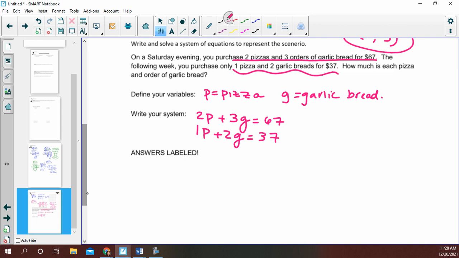All right, you can use substitution or elimination. If you wanted to use substitution, you would subtract 2G over. That'd probably be the easiest one. I'm going to use elimination. So pause the video and actually try your elimination for this one. Okay, I'm going to multiply. I'm going to get my pizzas to be the same, so I'll multiply the second equation by negative 2.